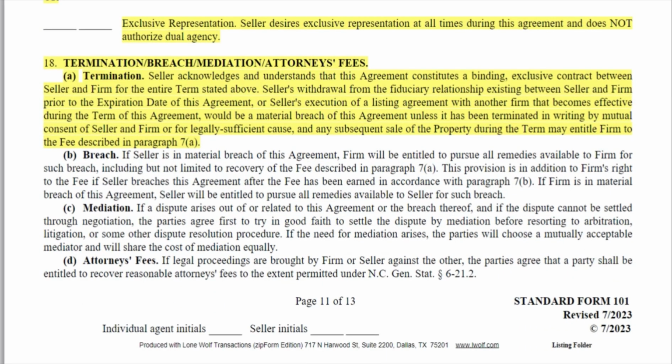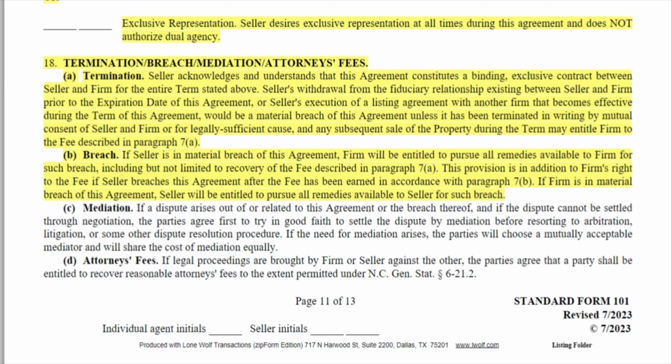If for some reason you hired another company, we didn't know that, and now we're at the end, and somehow you have two exclusive right to sell listing agreements, because you did that without receiving a termination agreement from us, we are entitled to our commissions as well.